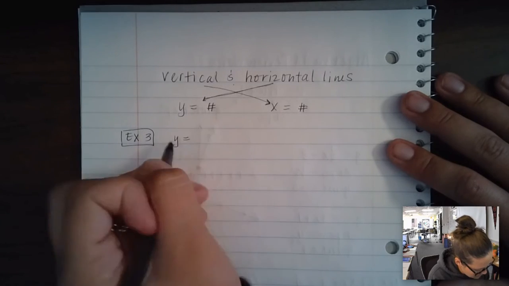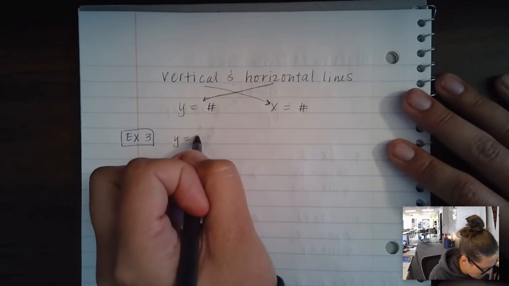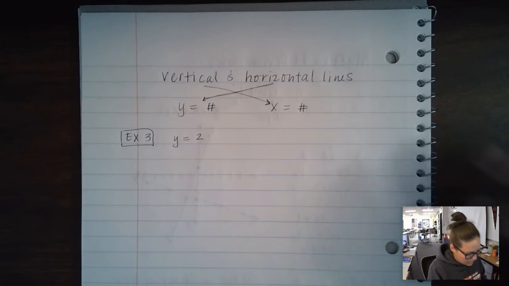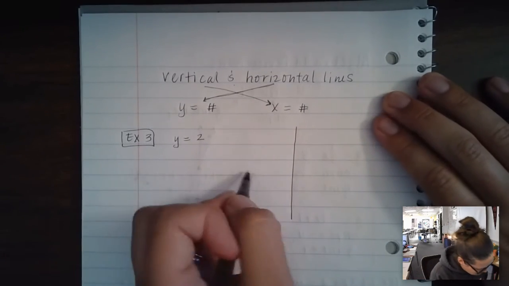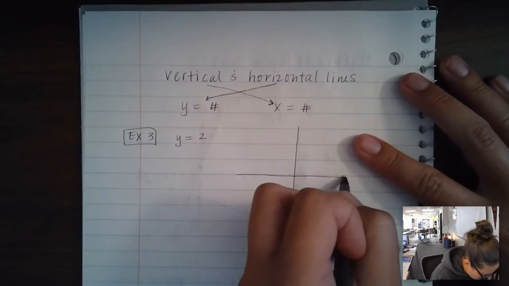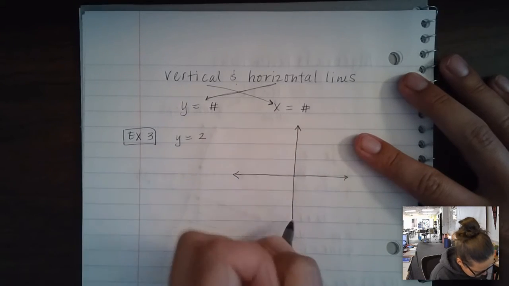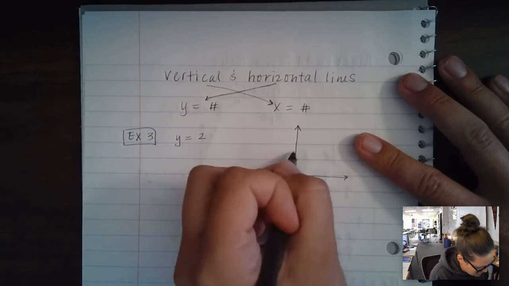So let's say I have the equation y equals 2. All right, so real quick, I'm going to make a grid here. This is the part that's going to take the longest out of the whole video.